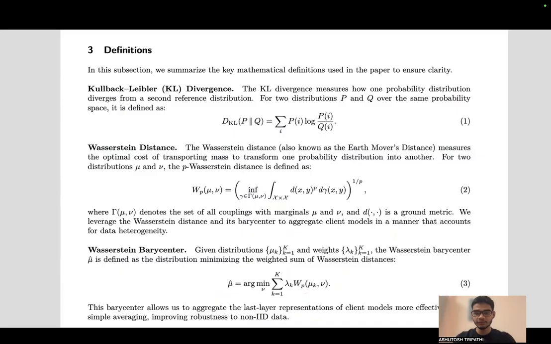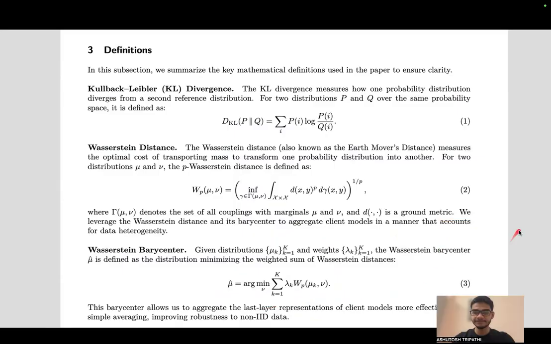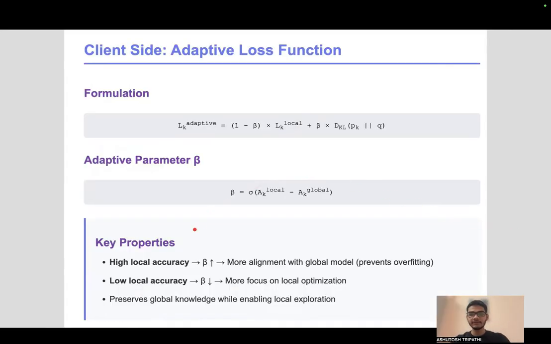So we use this barycenter to aggregate the last layer of client models more effectively than simple averaging, improving robustness to non-IID data.